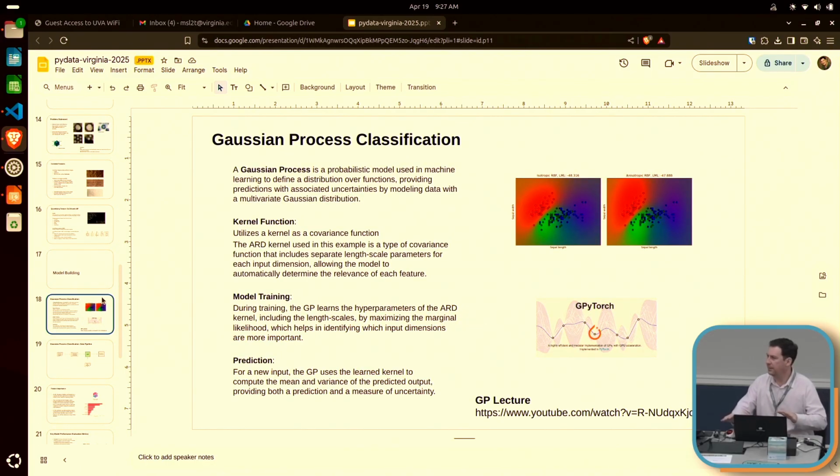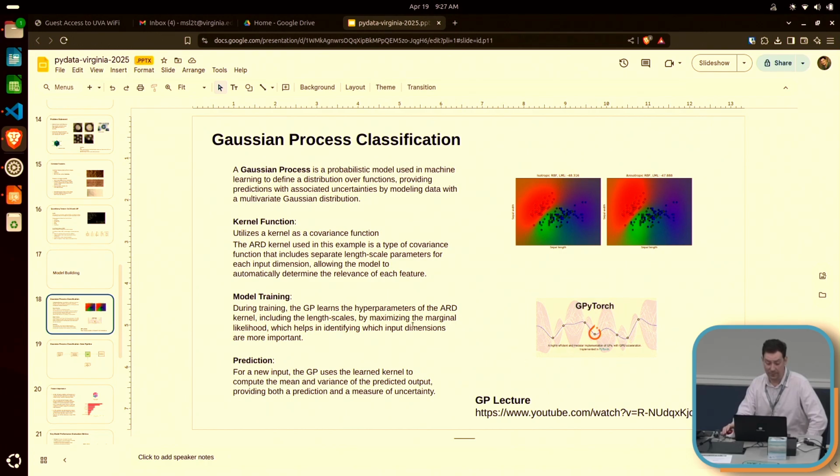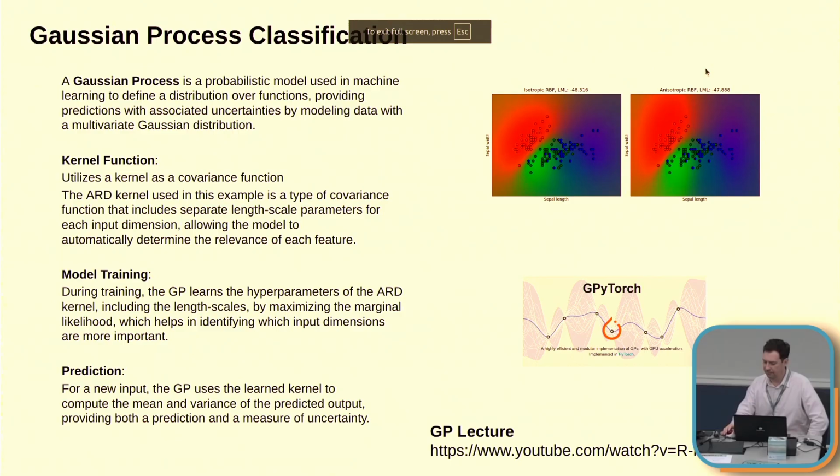Before I go to the demo, let's look at the first model that we're going to use to extract these features. Is anybody familiar with Gaussian processes or Gaussian process classifier? Okay, great. That's a powerful tool that we can use to take our features and train it to discriminate between the adenovirus and the influenza.